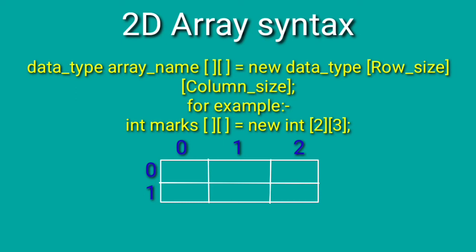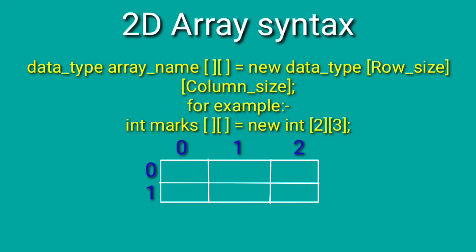So here is the structure of the array. 2 rows will be created, 0 and 1, and 3 columns will be created. The first column will have index 0, the second column will have index 1, and the third column will have index 2. And in this you can store different elements in the rows and columns, like 3 elements in the first row and 3 elements in the second row.